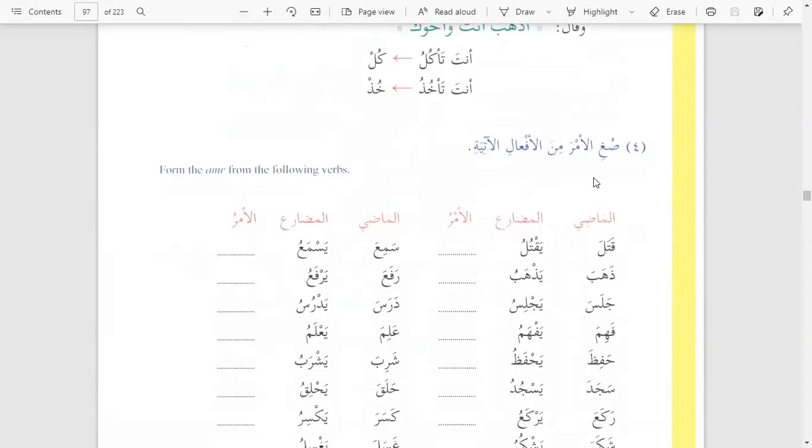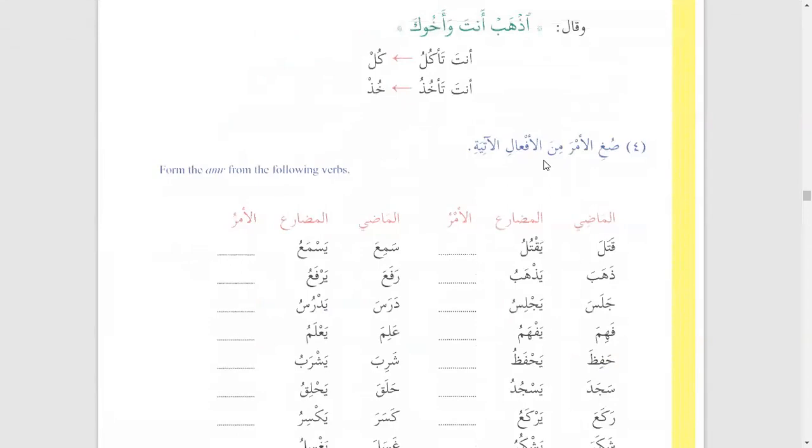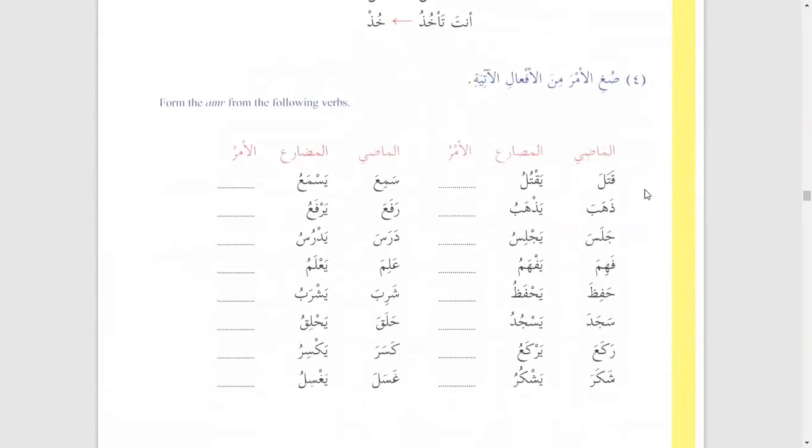Okay. Yes. So amra min al-af'al al-atiyati. Now my job is finished, and now it's time for you to make the forms of the imperative. So we have al-madi, the past, al-mudari, the present, and al-amru, that means fi'l al-amr.